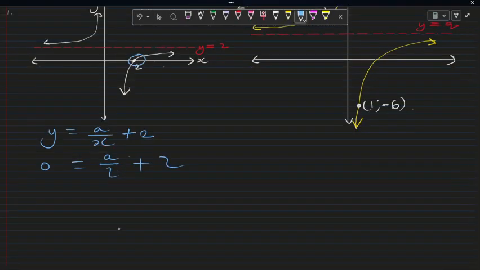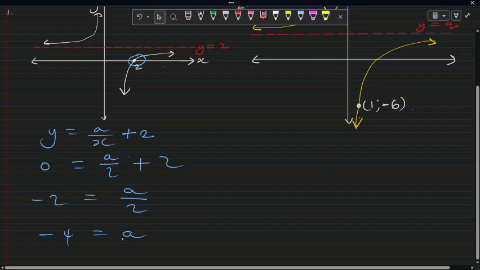The 2 will go to the other side and become minus 2. So we have minus 2 is equal to a over 2, and to get the value of a, we have to multiply by 2 on both sides.